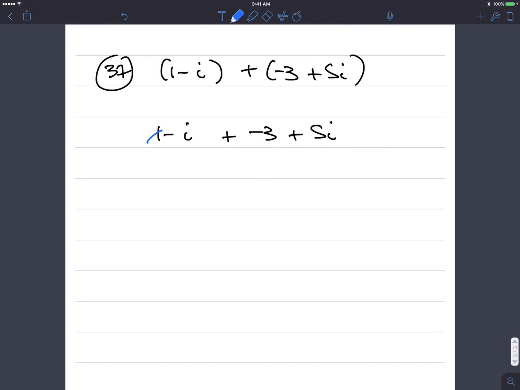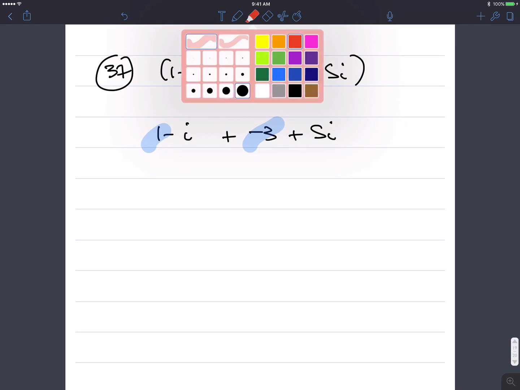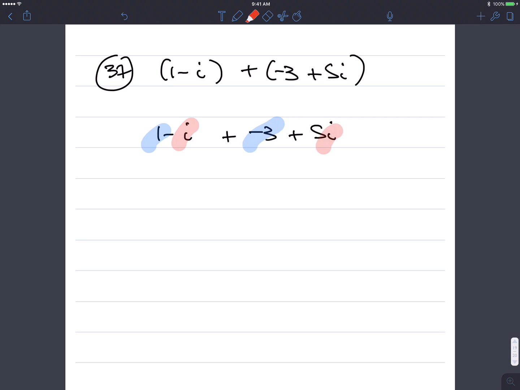The 1 and the -3 are like. We got our I and our 5I. Those are like. We're going to combine the like terms. 1 minus 3 is 2. -I plus 5I is plus 4I. If you owe an apple and you have 5 apples, you're going to end up with 4 apples. And you're done.